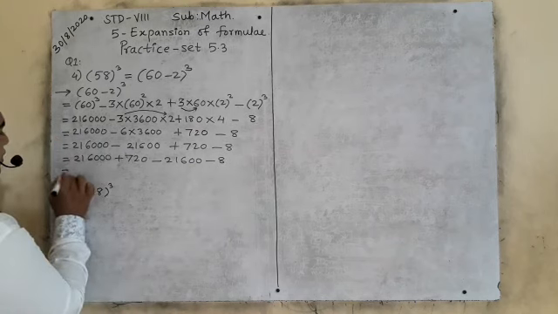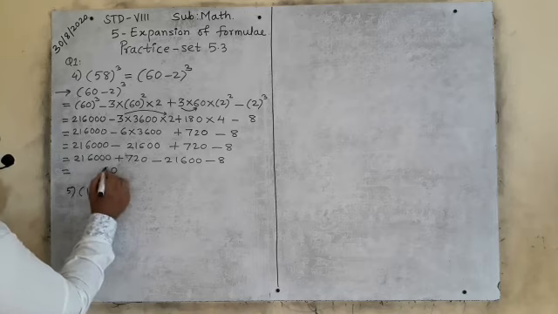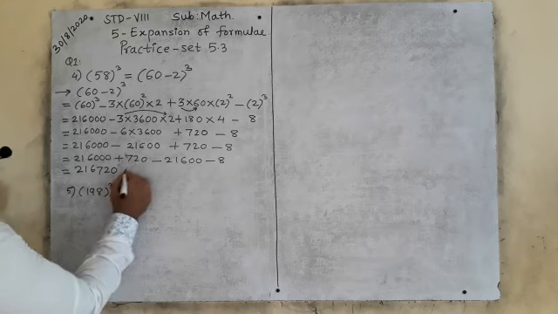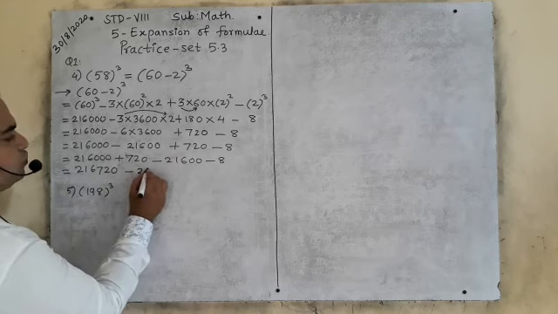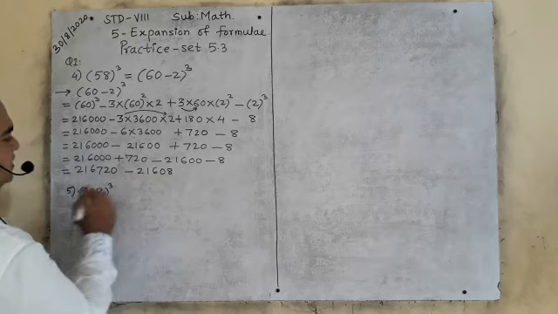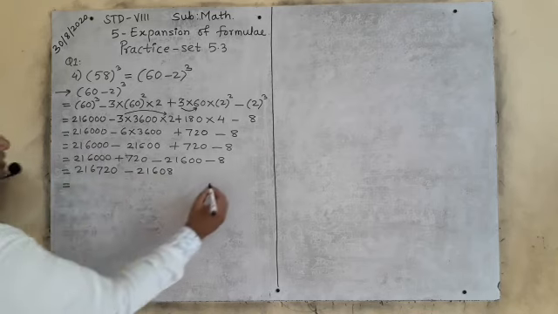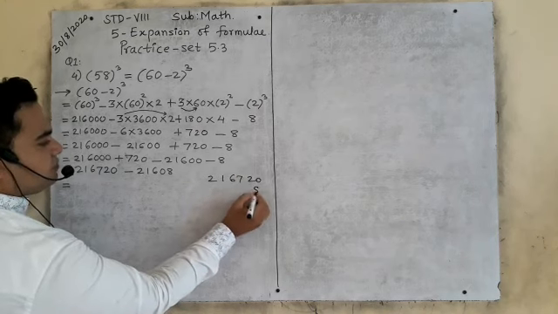Now what I will do here, the addition of this: 0 and 0 is 0, 0 and 2 is 2, 0 and 7 is 7, 6 and 1 is 7, 2 1 6. Okay, minus the addition of numbers, that is 21608. Now you will solve this, you will subtract this, alongside also you can take, no problem.